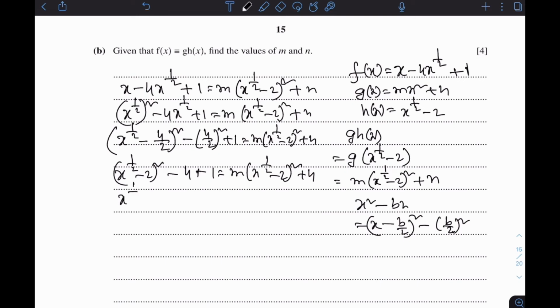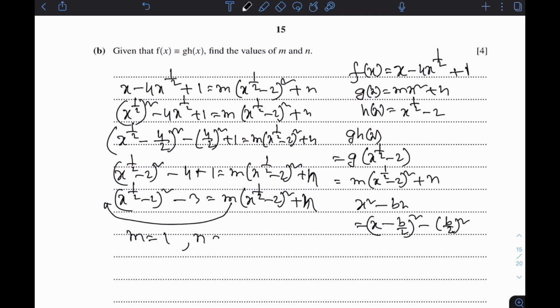Now (x to the power half minus 2) whole squared minus 4 plus 1 equals m (x to the power half minus 2) whole squared plus n. Now (x to the power half minus 2) whole squared minus 3 equals m (x to the power half minus 2) whole squared plus n. Now comparing, m equals 1 and n equals minus 3. This is very easy to solve.